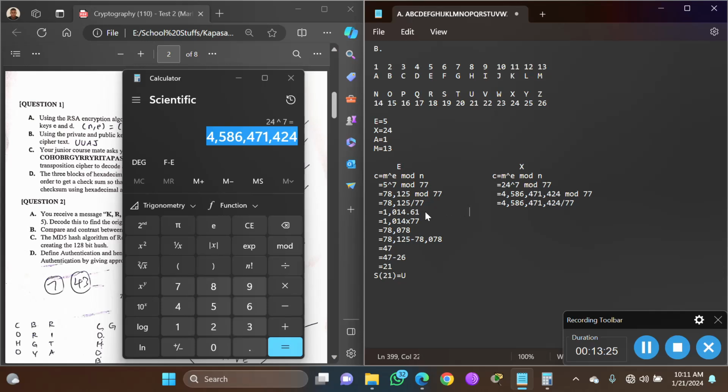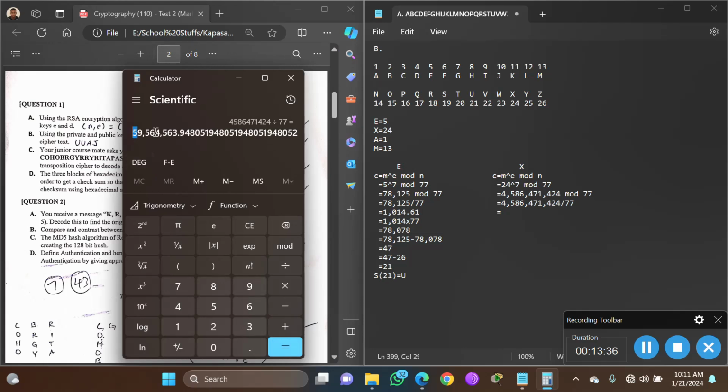Okay, so now dividing it by 77, remember we will just get up to 2 decimal places, but if you want you can get up to 3. So here I'll just get up to 2 decimal places, like that. So after getting up to 2 decimal places, I'll just need to get rid of that decimal part, then multiply it by the denominator, which is 77, like that.